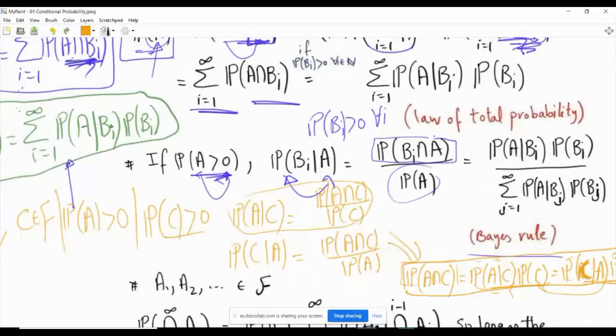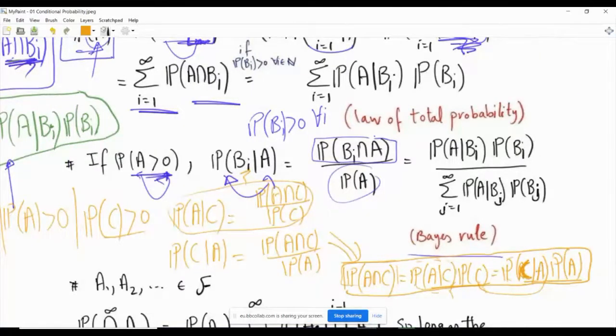Now, if we have something more complicated, like a bunch of events, again like in the previous point, which partition omega and are pairwise disjoint, then we can write the probability of Bi given A as the probability of the intersection divided by the probability of A. Then the probability of the intersection can be written as the probability of A given Bi times the probability of Bi, and the probability of A itself can be expanded using the law of total probability.